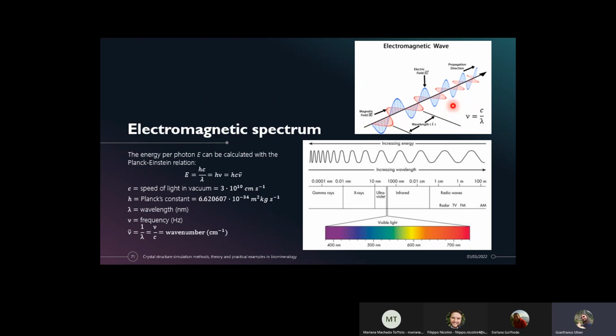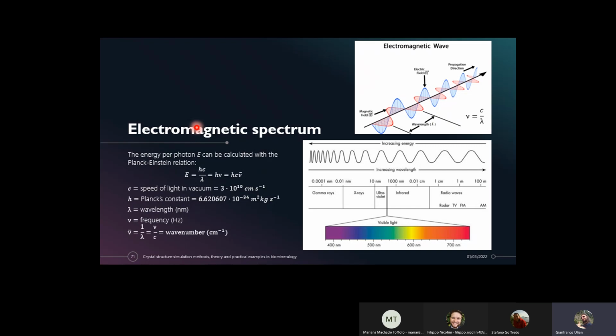Each wave is defined by a wavelength that is called lambda, and for electromagnetic waves we can describe the frequency of oscillation of the field by this relation, which states that the frequency is equal to c, the speed of light in vacuum, over the wavelength.